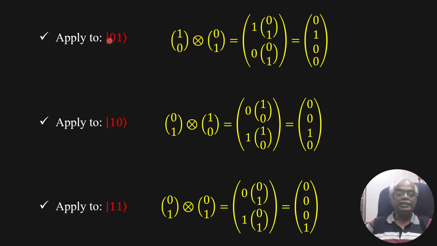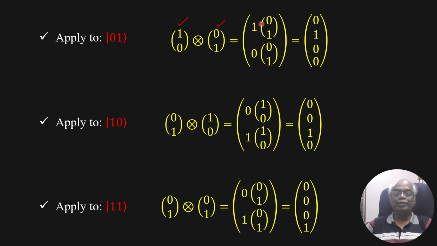Then apply the same thing to the basis |01>. You know |0> is the column matrix (1, 0) and |1> is the column matrix (0, 1). According to tensor multiplication, you take the first entry 1 and multiply it with the column matrix (0, 1). Similarly, you take the second entry 0 and multiply it with the column matrix (0, 1).